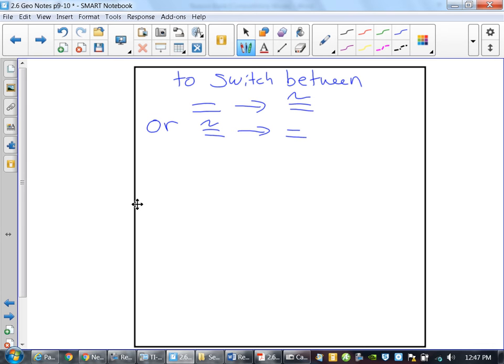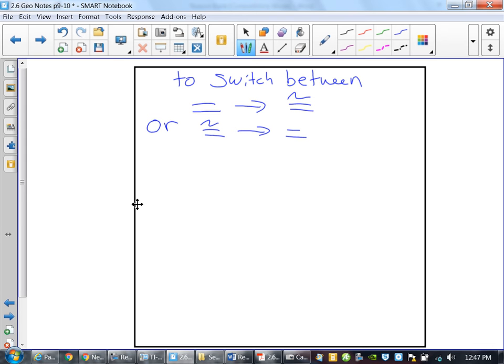On your reason bank, they actually talk about it. On the very back, they talk about congruent segments and congruent angles. Line segments have the same length, angles that have the same measure. It's great. You don't need to know it that way.